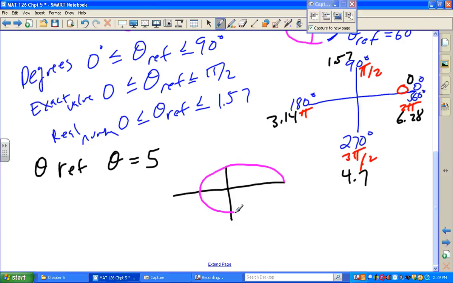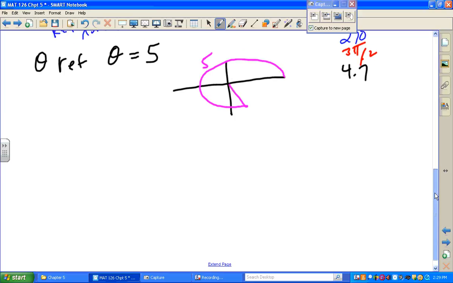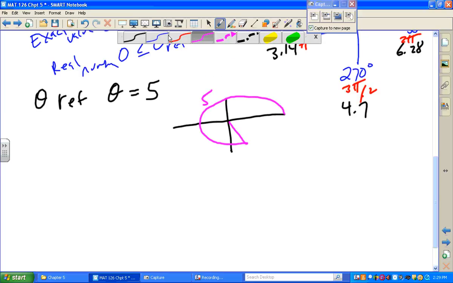It goes past 4.7 to 5. So how can you find how far this is? Yeah, 6.28 minus 5. That gives you 1.72. That is your reference angle.